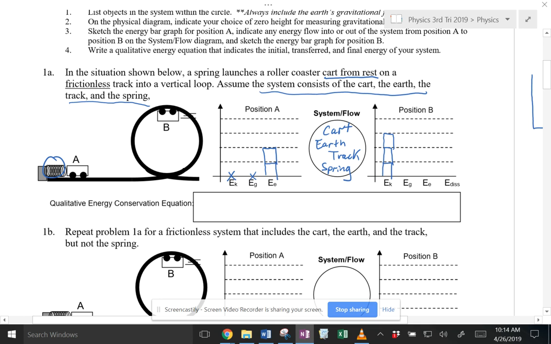All right. Maggie, if it fell on you from position B, would it hurt you? Yeah. Okay. How many blocks? 2. Are there any stretched or compressed springs at point B? Not anymore. So that's going to be an X for that one.